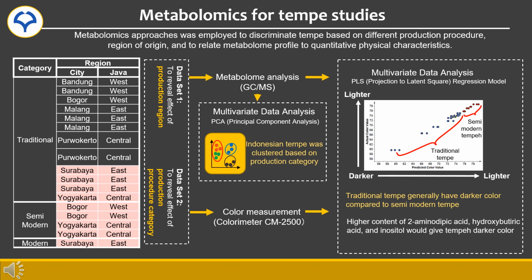Additionally, by using a color measurement device to analyze the surface color of the tempeh, it was found that tempeh produced using traditional methods had a darker color compared to those produced using semi-modern methods. From the component and color data, we were able to identify components that are likely involved in the color intensity.